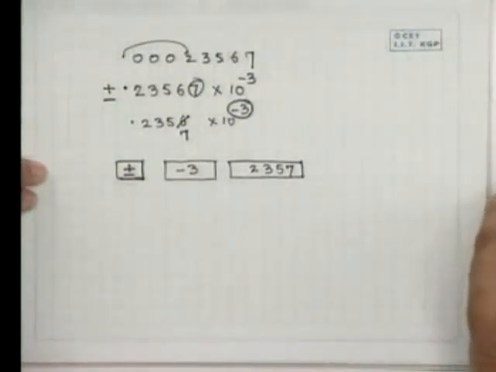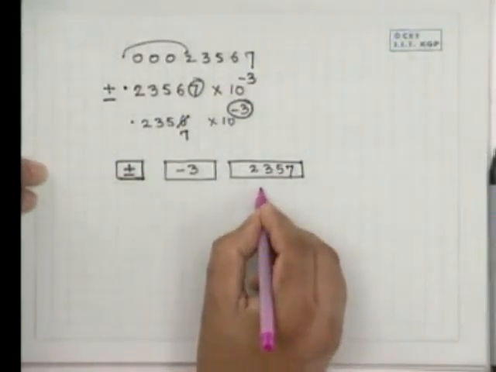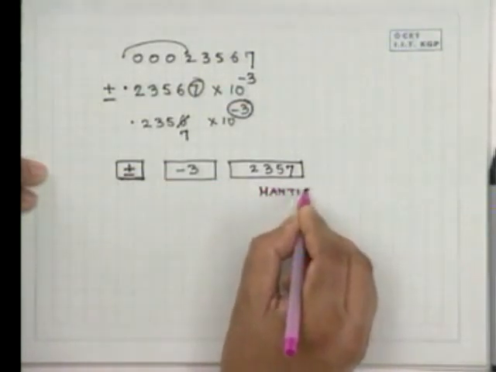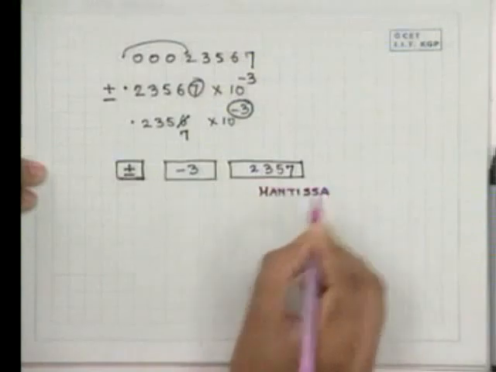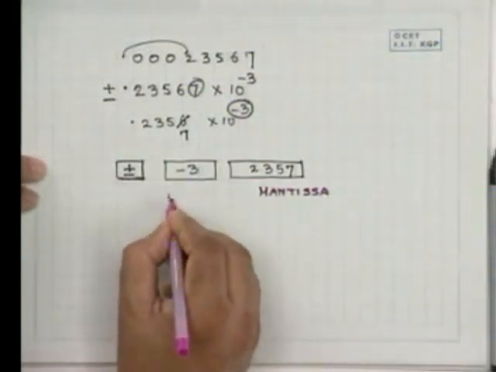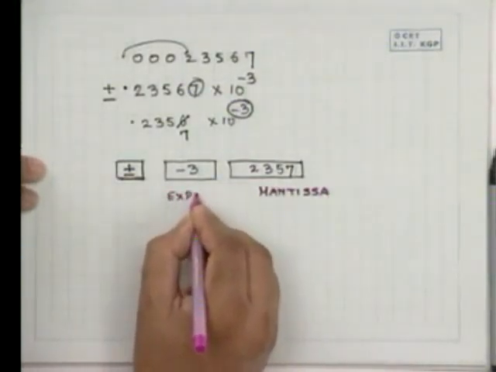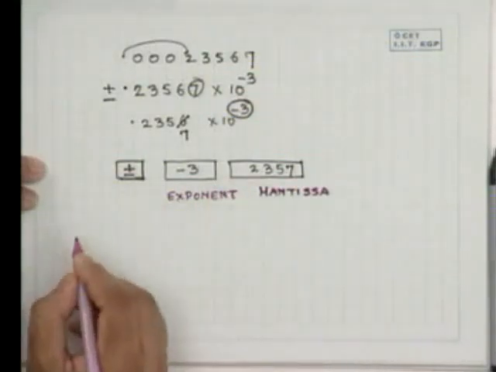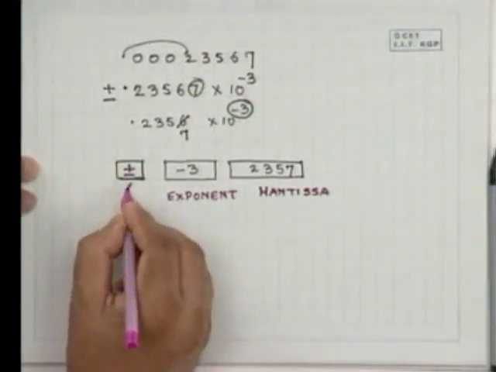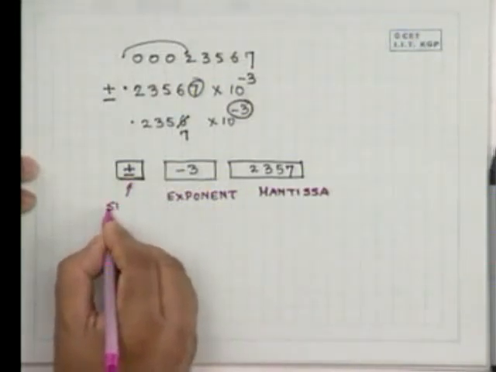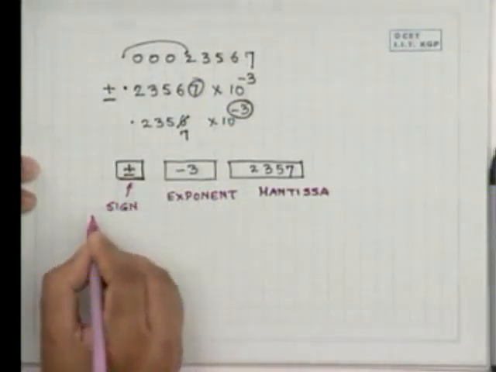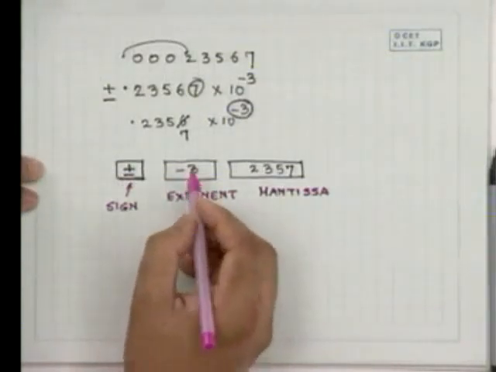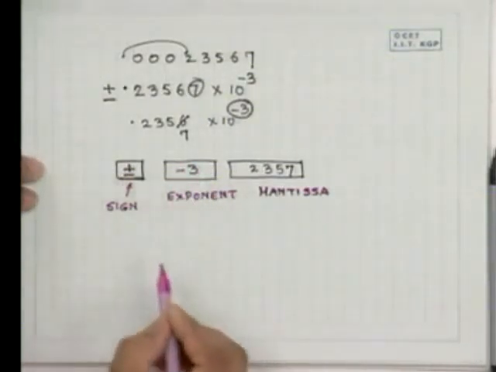This is our mantissa, this is the exponent, and this is the position for the sign. In the case of a decimal number, the exponent means 10 to the power the value that is here.